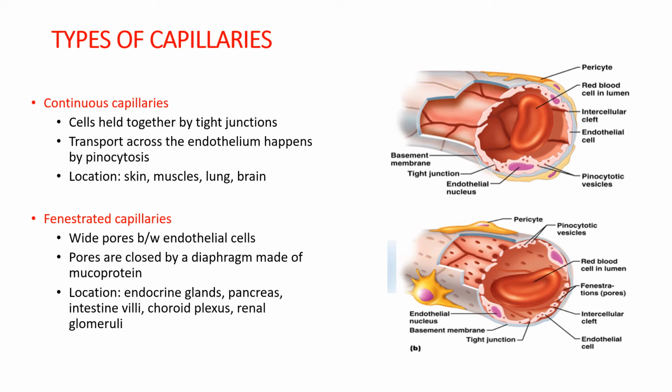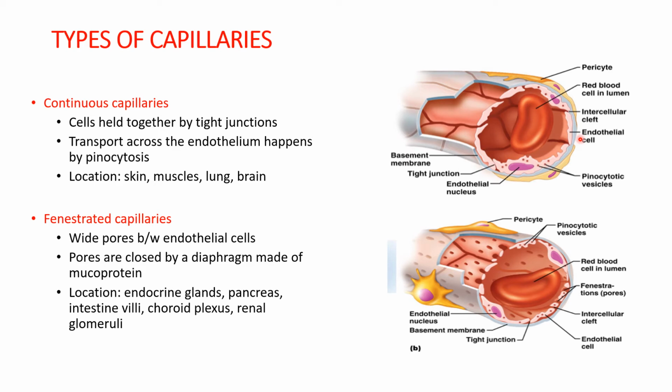There are three types of capillaries: continuous, fenestrated, and discontinuous capillaries. Continuous capillaries are those where the cells in the endothelium are held together by tight junctions. So you can see here there is a tight junction between the two adjacent endothelial cells.